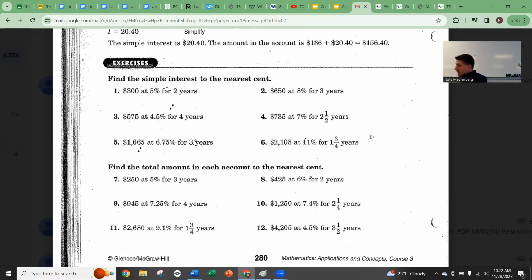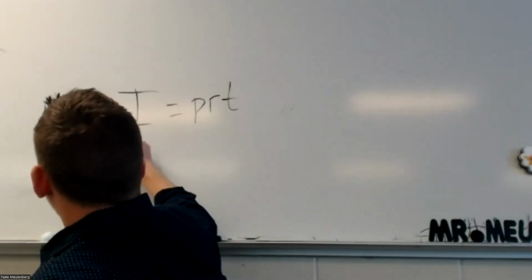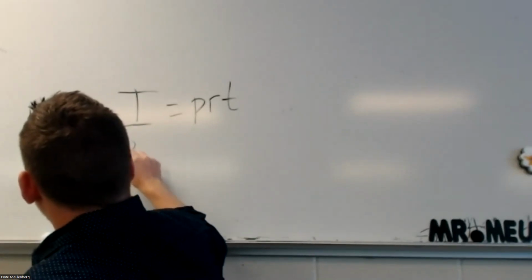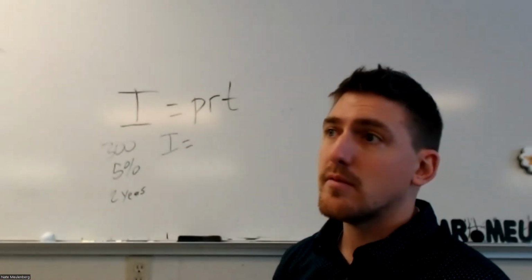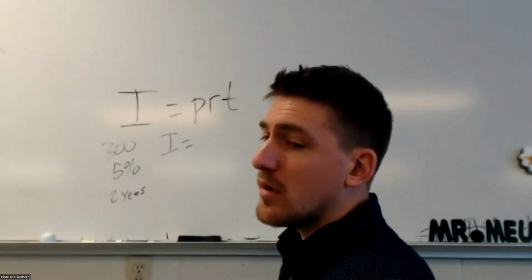Okay, so we're solving for capital I. It's $300 at 5% for 2 years. So we have I equals, what's P? Principal, or amount.